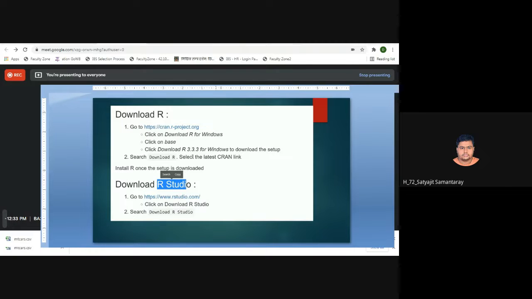Sir, is it the empty car dot csv? Correct, correct.